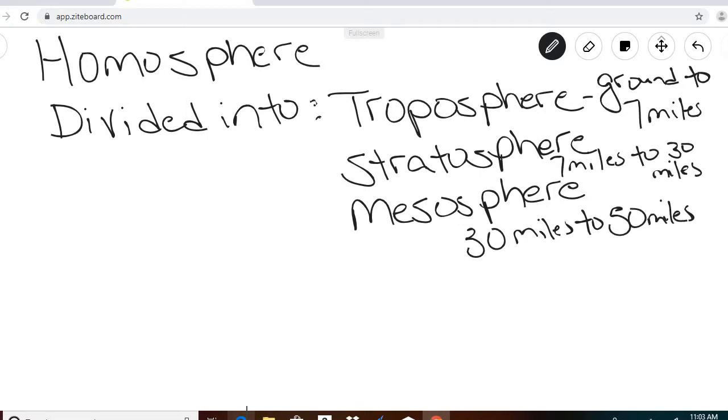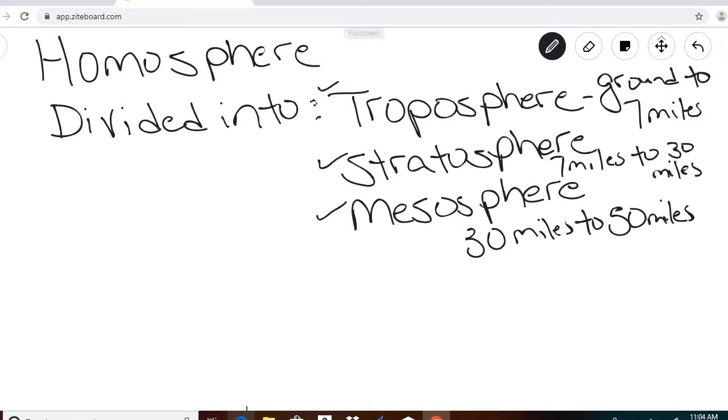Okay? So remember that we said that the higher you go, the amount of air decreases. So as you go to higher altitudes, the amount of air is going to decrease. And so that means as you go from the troposphere to the stratosphere to the mesosphere, the amount of air is going to be decreasing as you go through those areas.